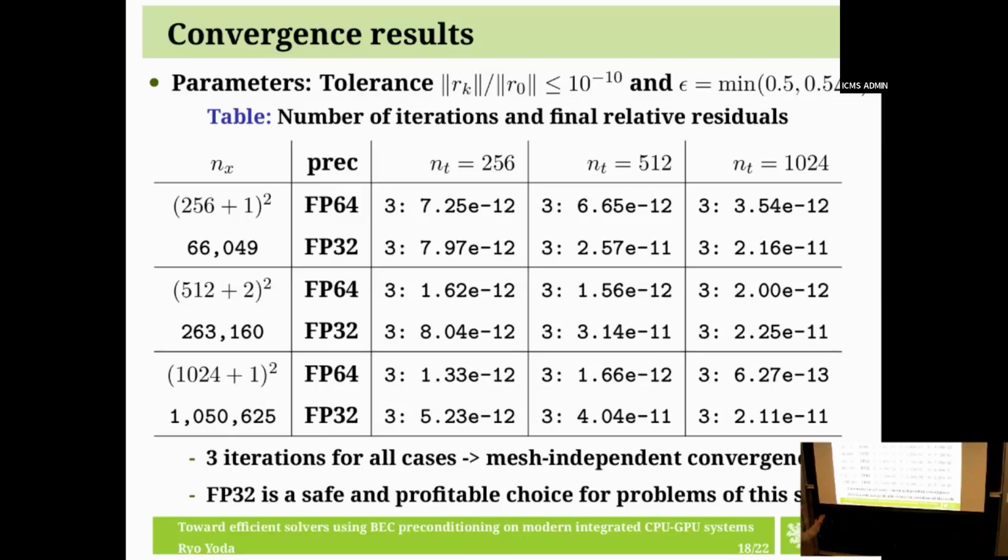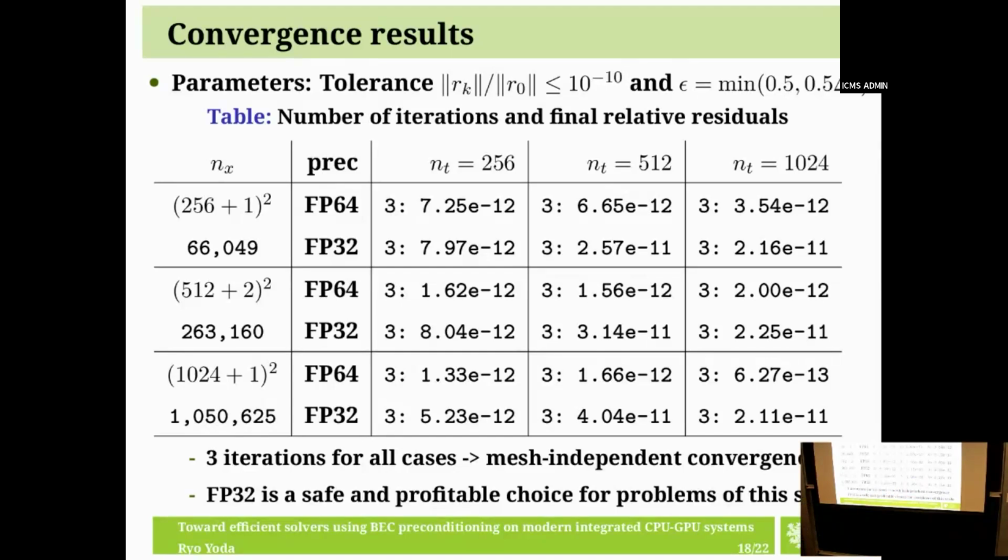But for our problem settings and the convergence tolerance of 10 to the minus 10, the number of iterations is the same. So in this case, single precision preconditioning is a safe and reasonable choice for our problems. Okay, thank you very much.